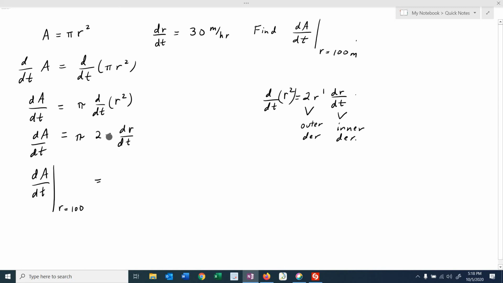In other words, we're going to plug 100 in for r here. And then dr/dt, remember, is a constant. It's equal to 30 meters per hour, and I guess this is in meters because it's a radius. So multiply that by the 30 meters per hour.